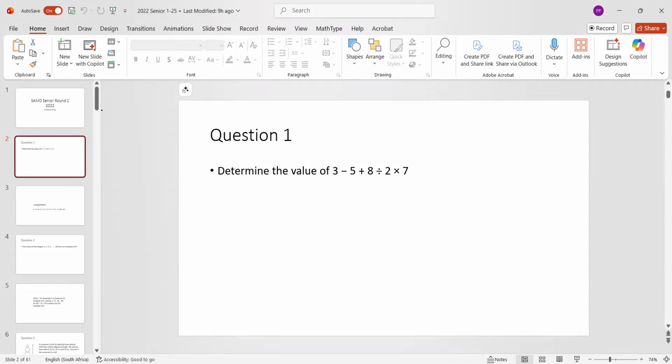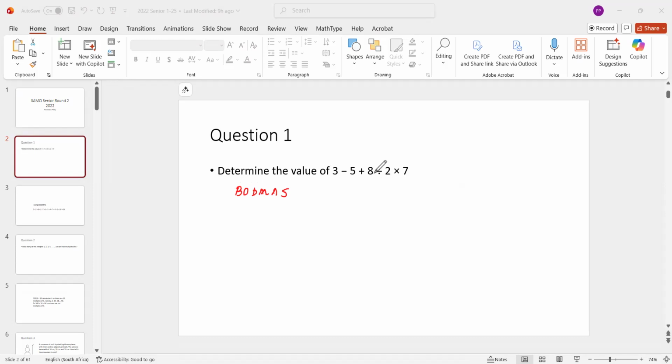Right, the first one is very simple. All it does is just test BODMAS. And you will see division and multiplication.